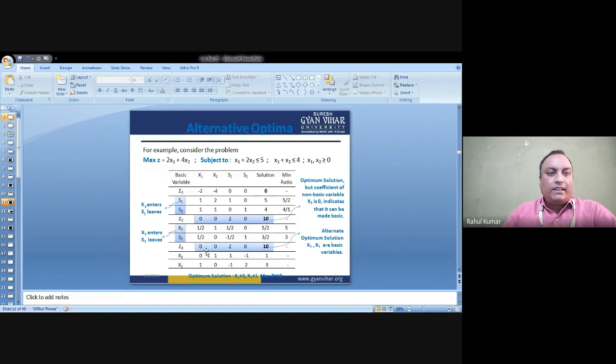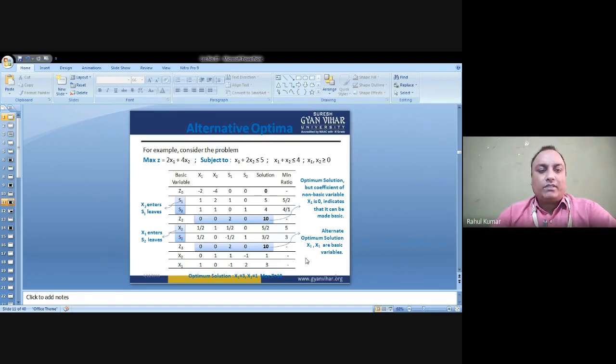Then z3 is here 0, 0, 2 comma 0, this is 10. And x2 is here 0, 1, 1 minus 1, 1, and x1 is here 1, 0, minus 1, 2 comma 3, so the alternate optimal solution has x1 and x2 as the basic variables. This is the alternative optimal solution case, right?